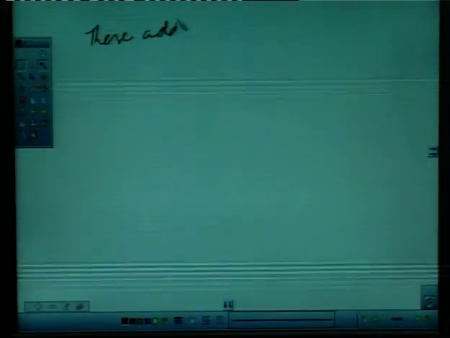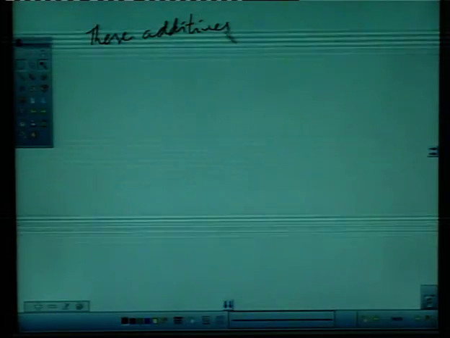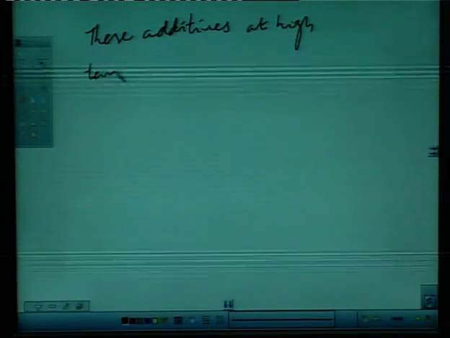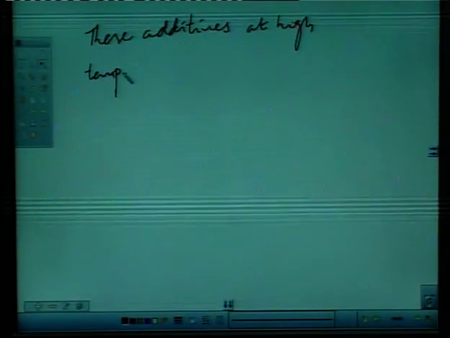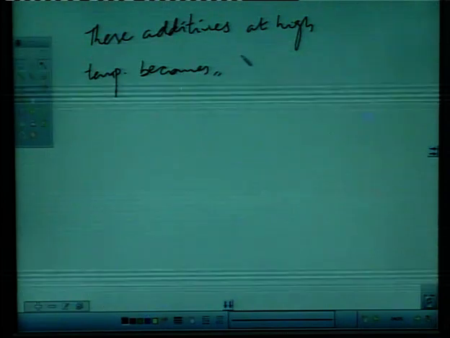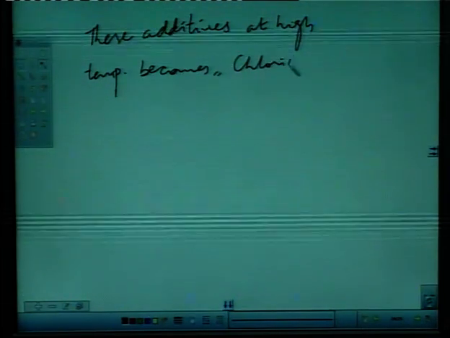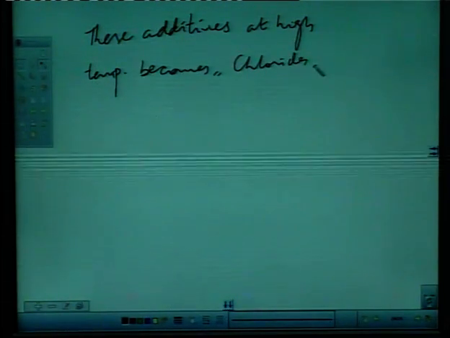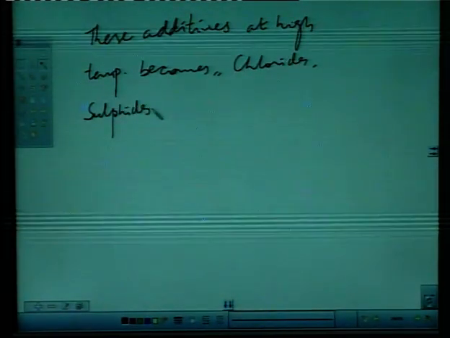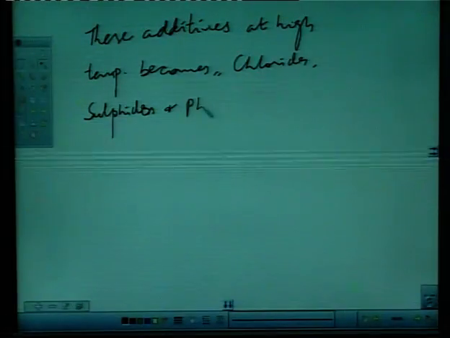These additives at high temperature become chlorides, sulfides and phosphides.